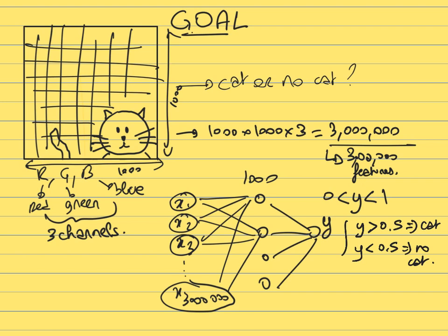So this is one possible option, and that can work for certain cases, especially when you have very small images, like maybe 10 by 10 images. But there's no chance that this can work for regular pictures, which are typically made of at least a few million pixels. Why?